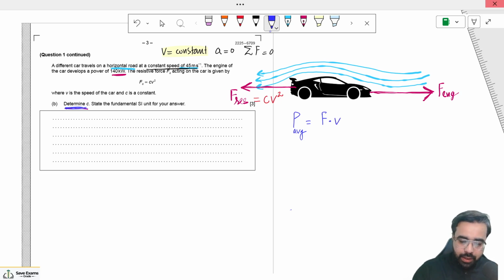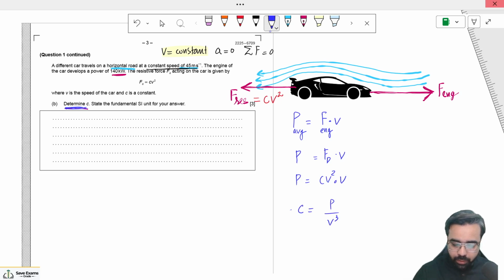Here I will write the force of the engine, but since it is equal to the drag force, power is equal to Cv squared times v, and we want to find C, so C will be equal to power over v cubed. Here you can plug in the values and find the answer, but remember we don't know the unit.